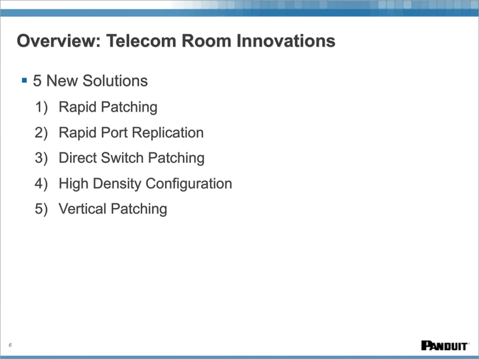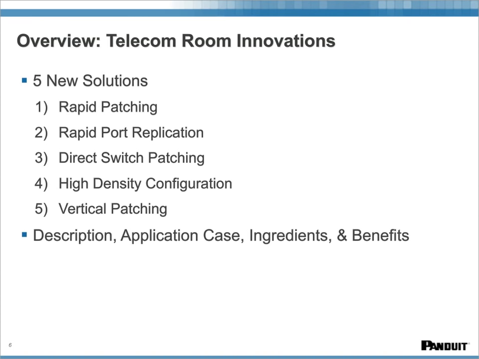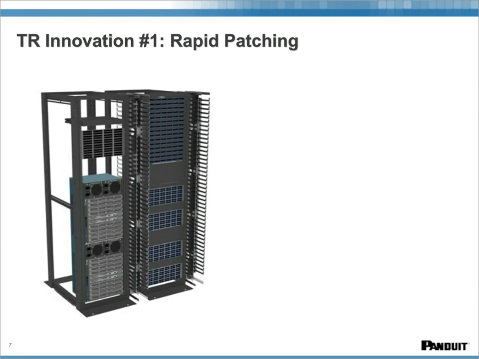Well, we're going to walk through each one of these, and for each case, we're going to look at a description of what it is, where you would use it, what infrastructure components you would need to implement it, and what you get by using it. So, without waiting any further, let's jump into our first innovation, which is rapid patching.